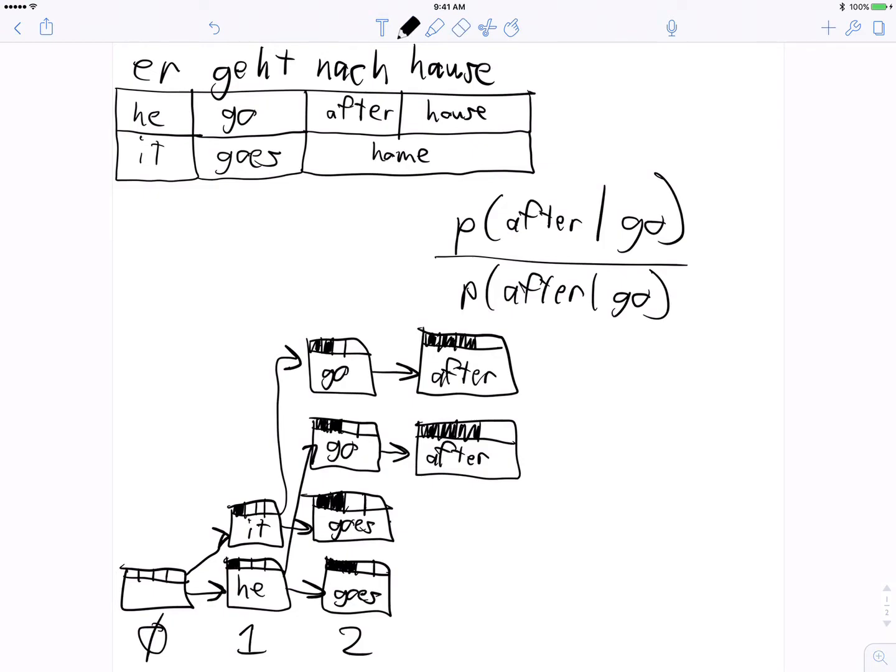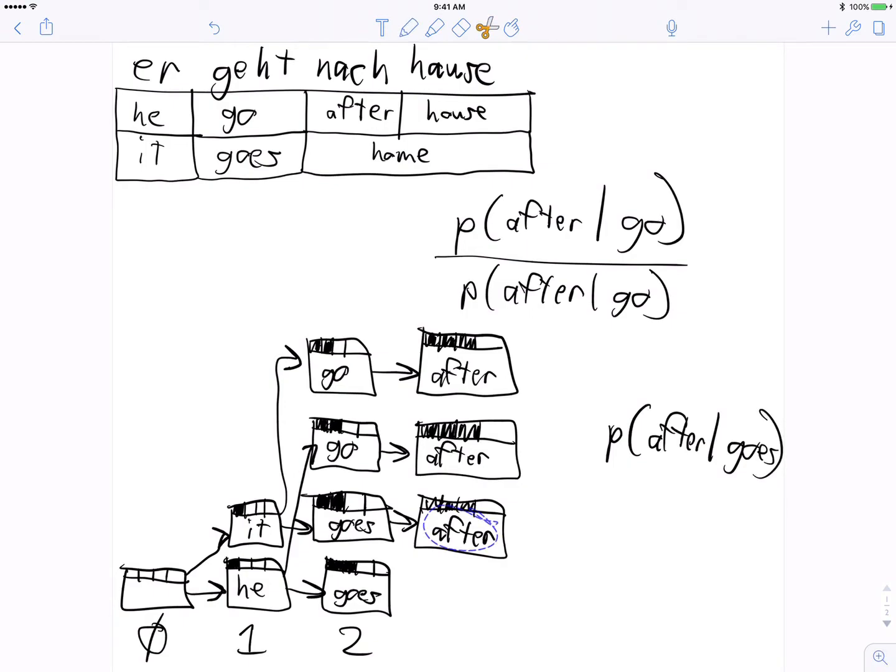All right, what about down here? Well, we could extend goes by translating nach as after. What's the language model have to say about that? Well, it is asking the probability of after given go, or rather goes.